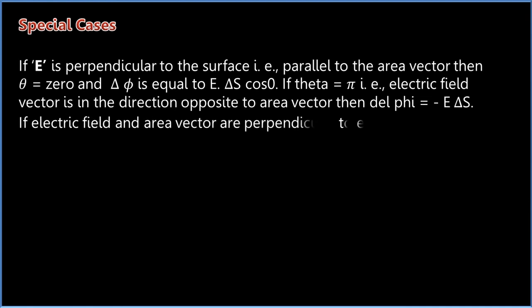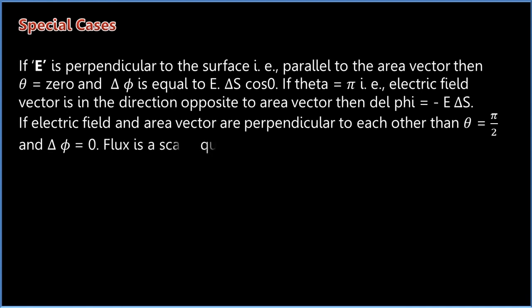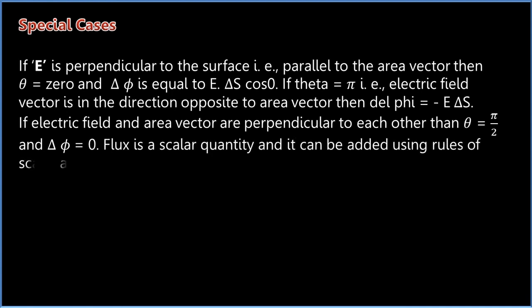If theta is equal to pi, that is, the electric field vector is in the direction opposite to the area vector, then del phi is equal to minus E del S. If electric field and area vector are perpendicular to each other, then theta is equal to pi by 2 and del phi is equal to 0. Flux is a scalar quantity and it can be added using rules of scalar addition.